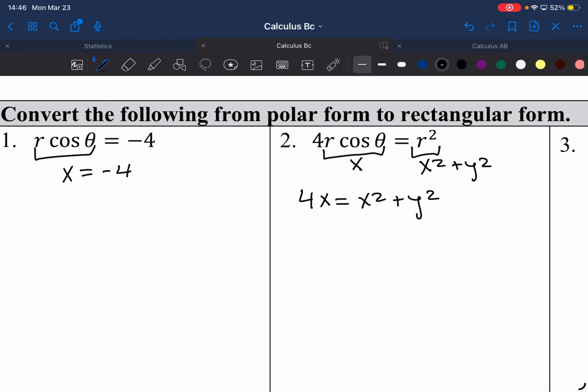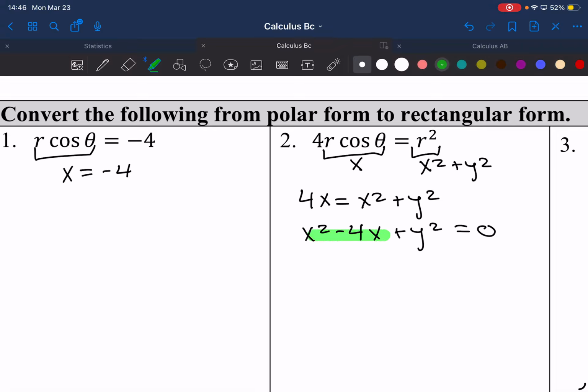If I subtract 4x over, so I have this equation equal to 0, I have x squared minus 4x plus y squared equals 0. In order to put this in proper notation, I would have to take these first two terms and use completing the square. When I do that, I'm going to end up adding 4 to both sides.